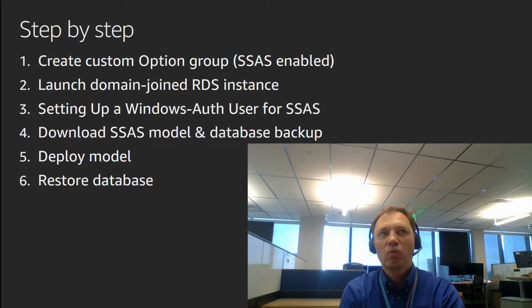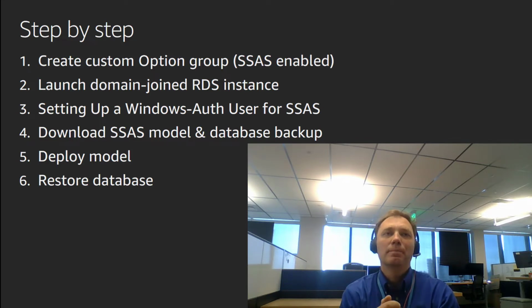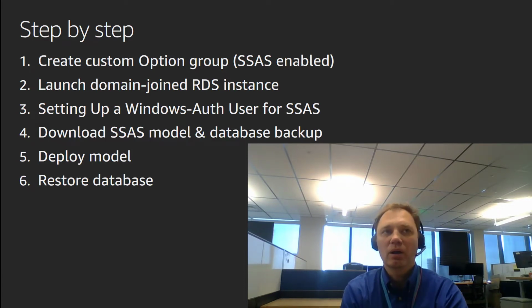And then number 4, we will download the Analysis Services model and the database backup down to the RDS instance itself. And then we will deploy the model. At the same time, I'll show you how you can restore an existing database backup if you have one. And with that, let's jump straight to the demo.